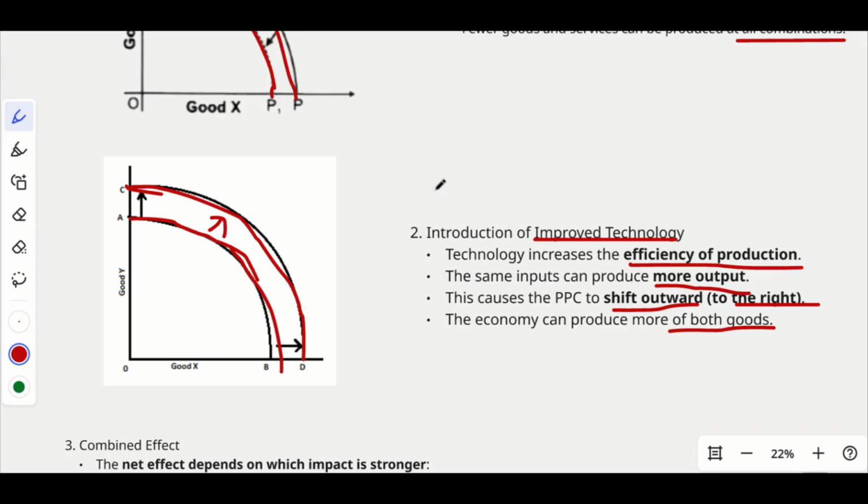So how can we determine the shift? On one hand, the key factor of production has been reduced or depleted. On the other hand, the technology has improved, which could make more product with the same amount of resources. So how can you explain the shift?